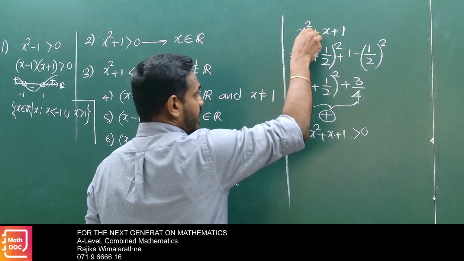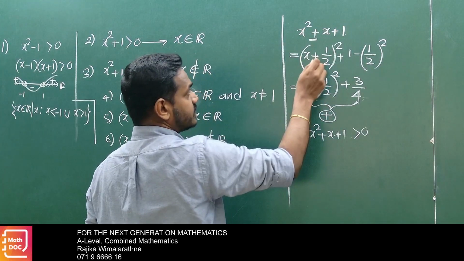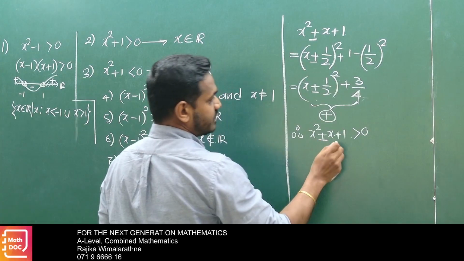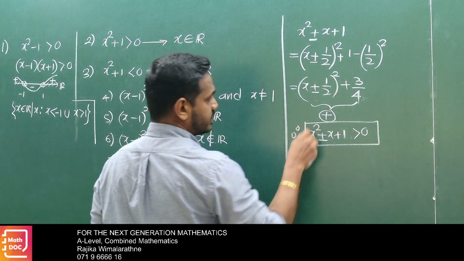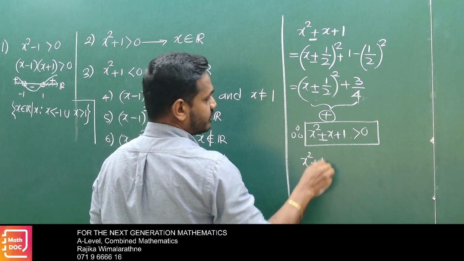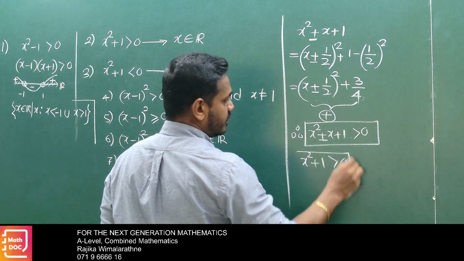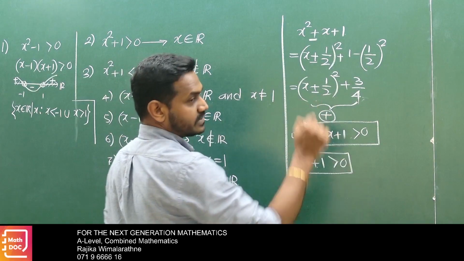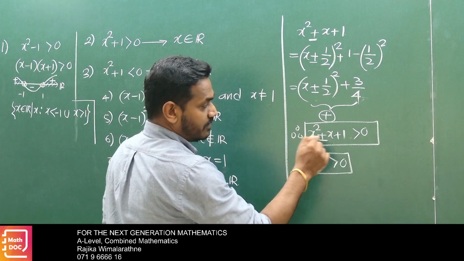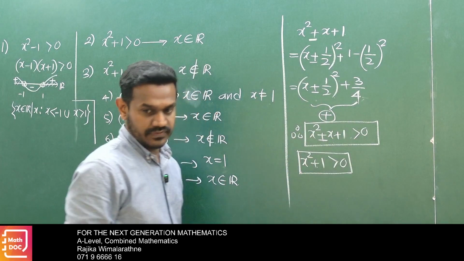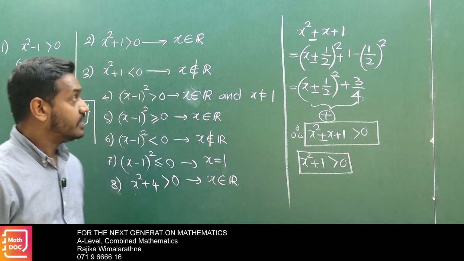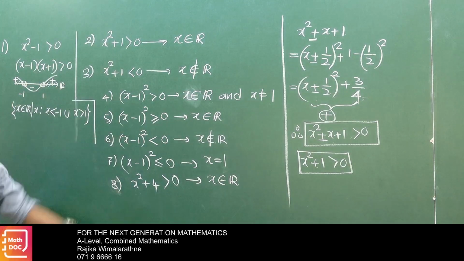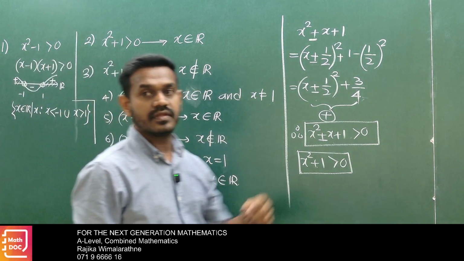When you see x square minus x plus 1, we change only the sign here, then x square minus x plus 1 is also a positive relation. Like x squared plus 1 is a positive relation, likewise x squared plus x plus 1 is a positive relation, and x square minus x plus 1 is also a positive relation. Okay, you put this note at the beginning first, right? All put that note.